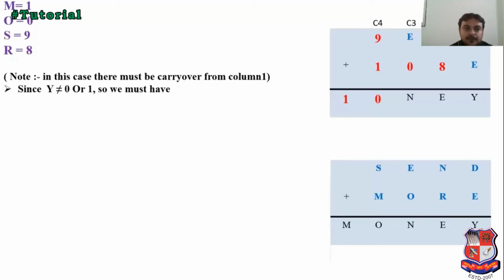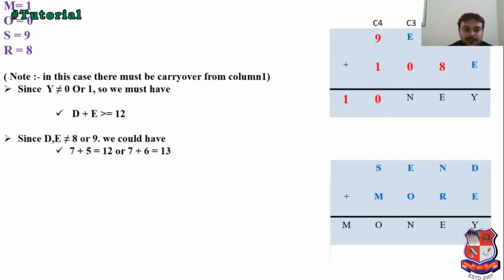Okay, so y is not equal to 0 or 1, so we must generate an equation for column number 1 like d plus e is greater than or equal to 12. Okay, suppose we predict the values of d and e are 8 or 9, but it is not possible because s and r have the values 9 and 8.